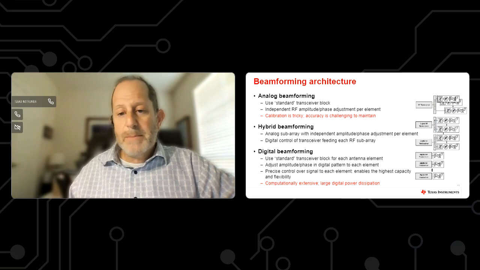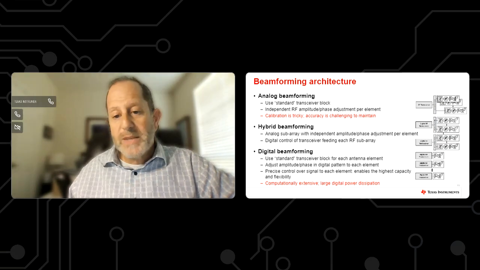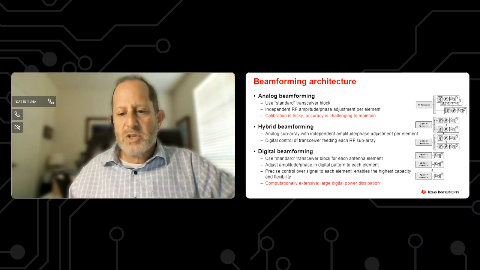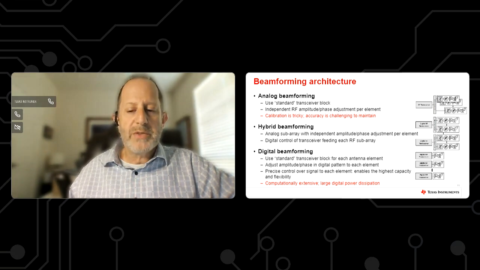Now we've eliminated the analog gain and phase adjustments at the antenna level. We're pulling that back into the digital domain in our digital RF transceiver. This gives us much more precision, much more flexibility in adjusting these gains and phases across all the different elements of the array.